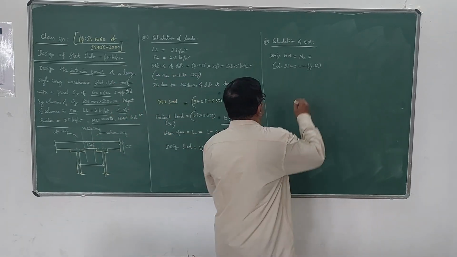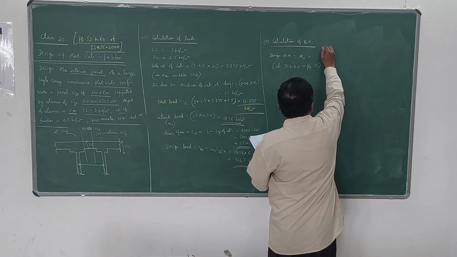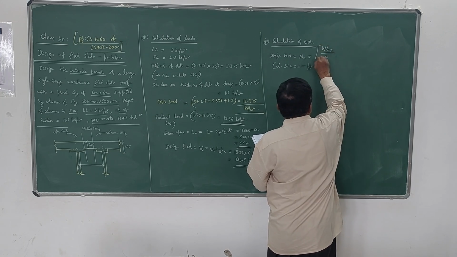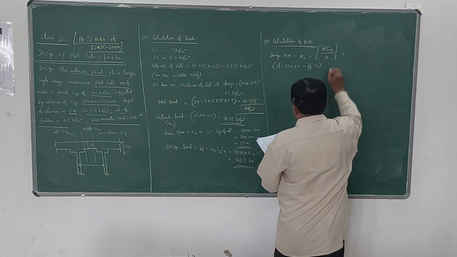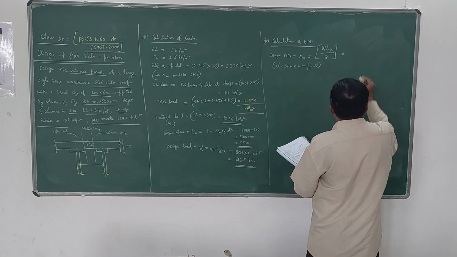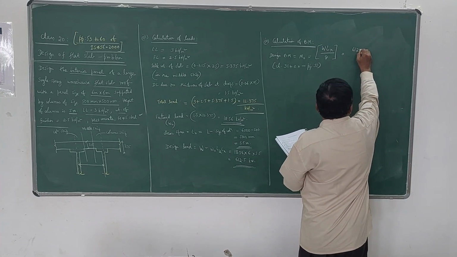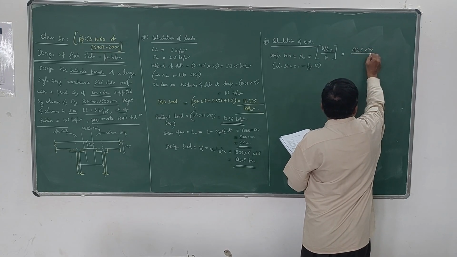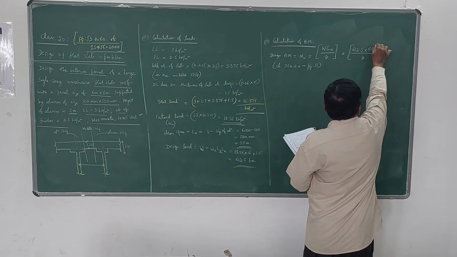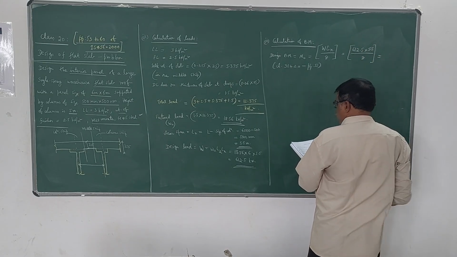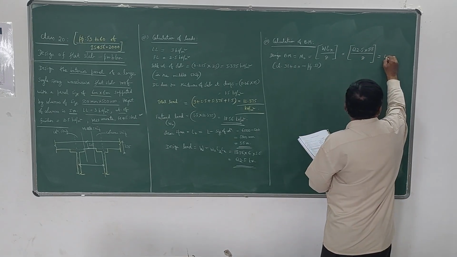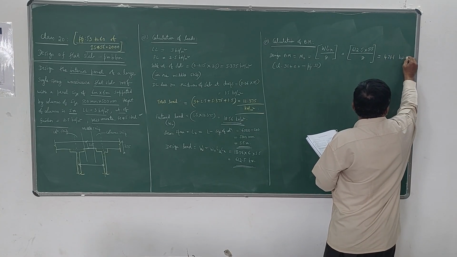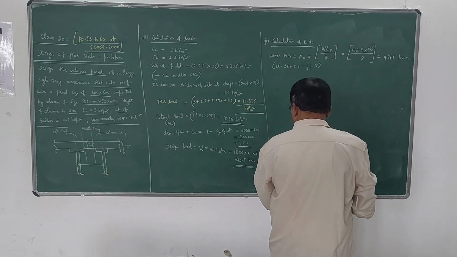It is given by W Ln squared by 8. This is the formula used to find the design bending moment. So W here is 612.5, into Ln which is 5.5, divided by 8. That gives 421.1 kilonewton meter.